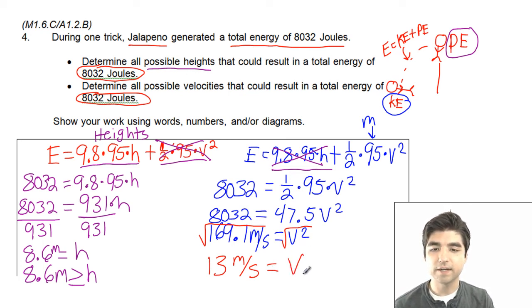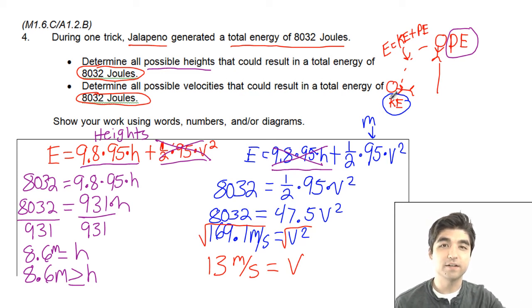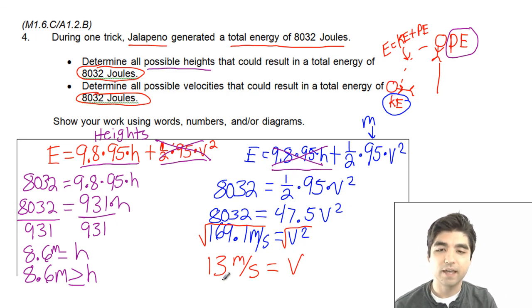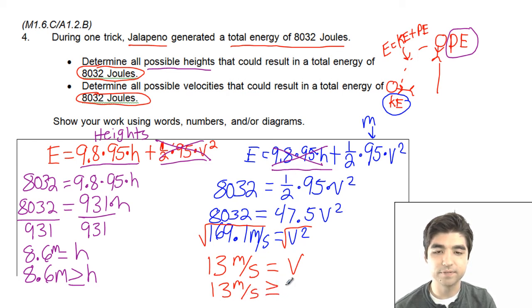Again, this is when he turns all potential energy into kinetic energy. In order to develop 8,032 joules, he needs to be moving at 13 meters per second. So 13 meters per second is the maximum speed that he's going to be moving, so 13 meters per second is greater than or equal to v.